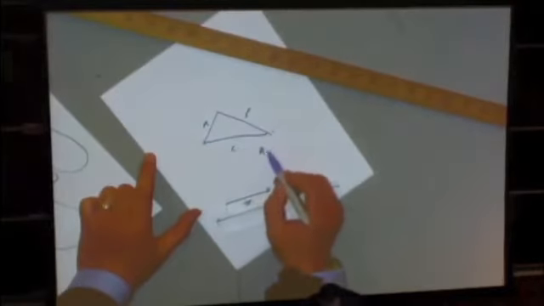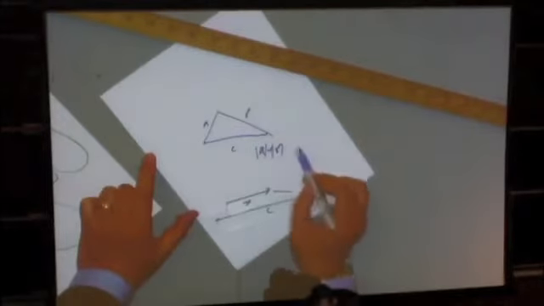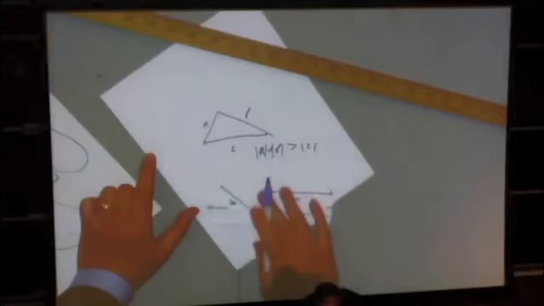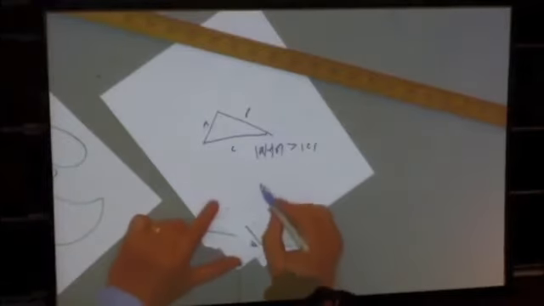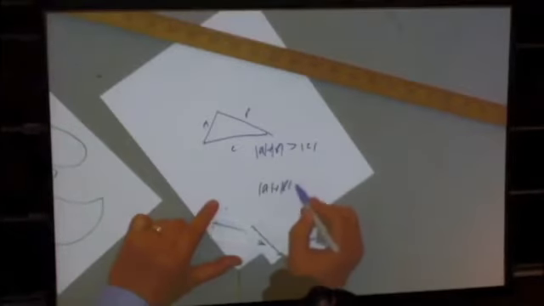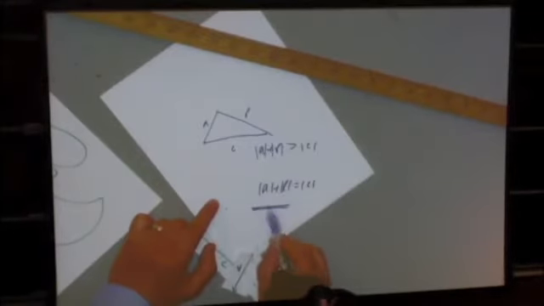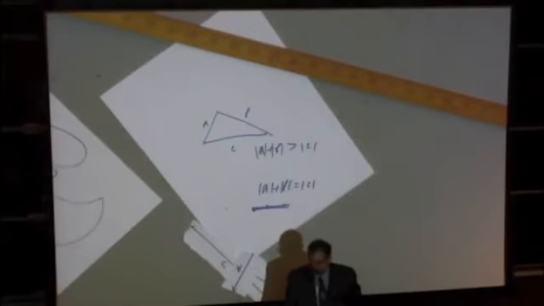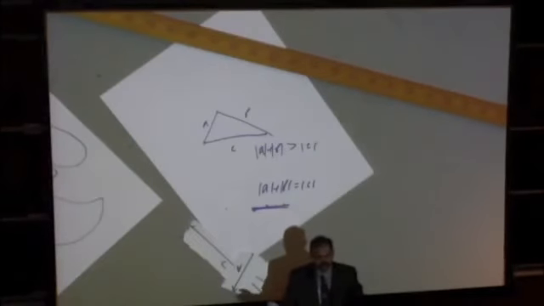In every triangle, A, B, C, yes, the magnitudes of A plus B have to be greater than the magnitude of C. If A plus B is equal to the magnitude of C, this is kind of your triangle. And if A plus B is less than the magnitude of C, that's it. It's impossible to form a triangle.